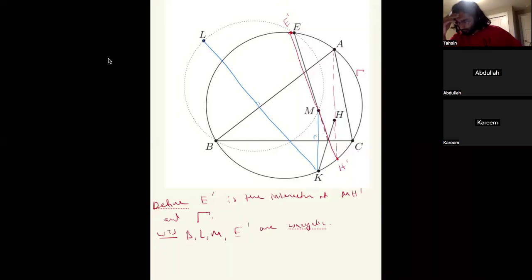So now, there's a lot of ways to show concyclicity. In this case, I think maybe it's easiest to show some equality of angles, but the question is which angles. There are some angles in this picture that are easier to calculate.